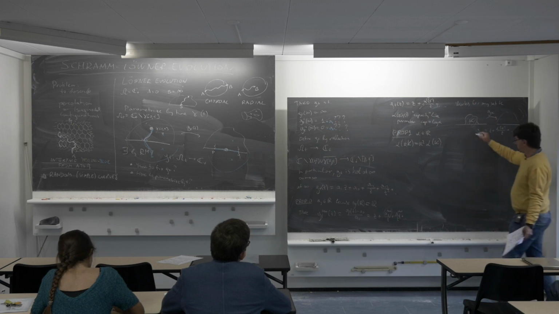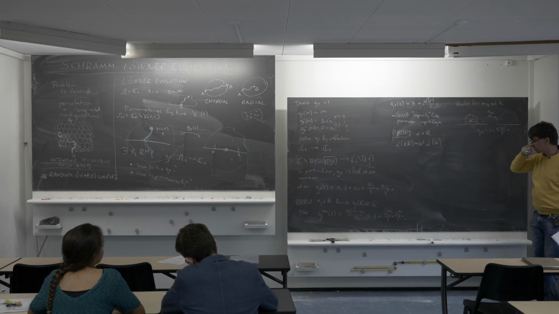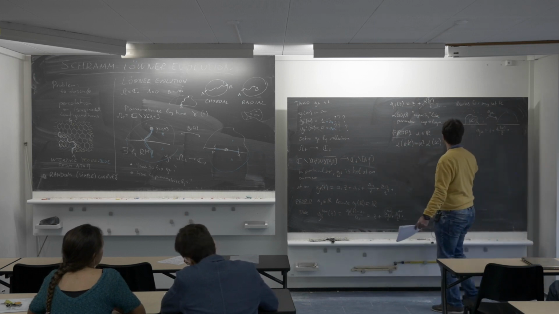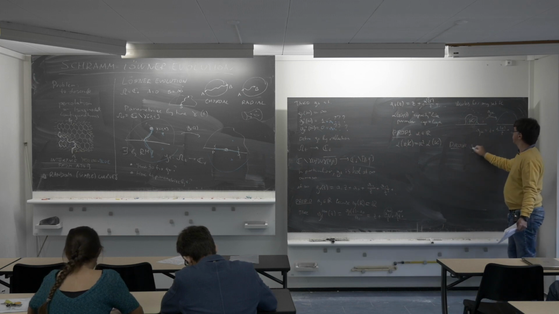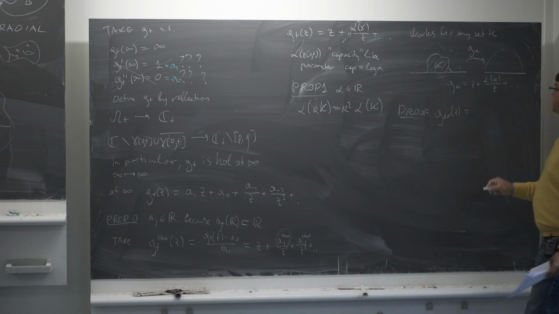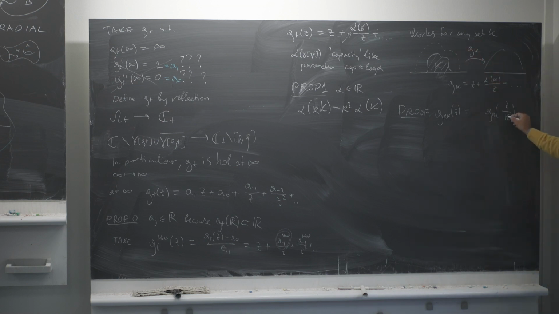So if I increase this set, how do I write g_K? To write g for r times K of z, I need to take g_K but evaluate it not at z, but at z over r. So I need to shrink z back. But then if I plug in g_K of z over r, the first coefficient will be 1 over r, so I need to multiply by r.